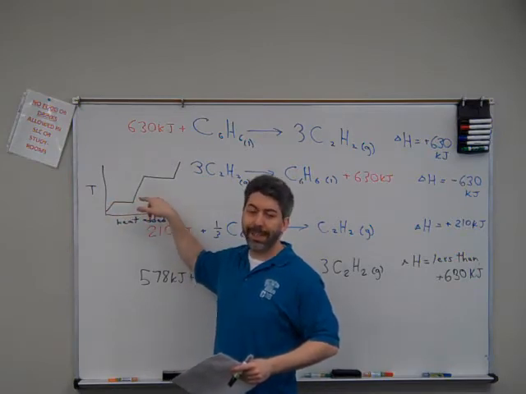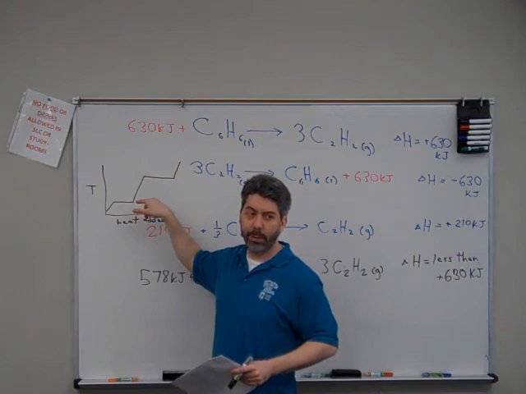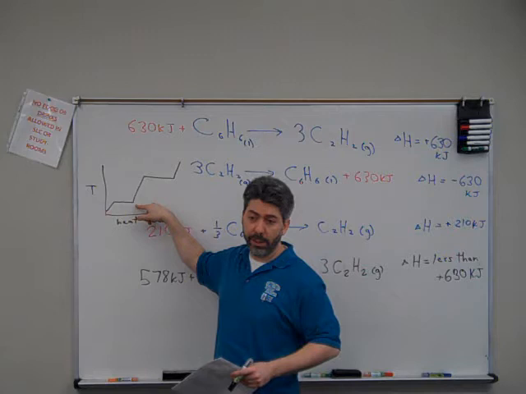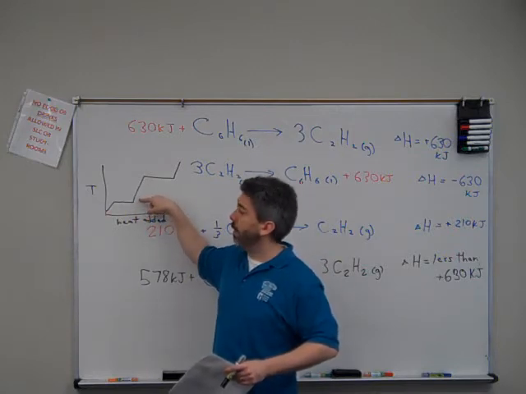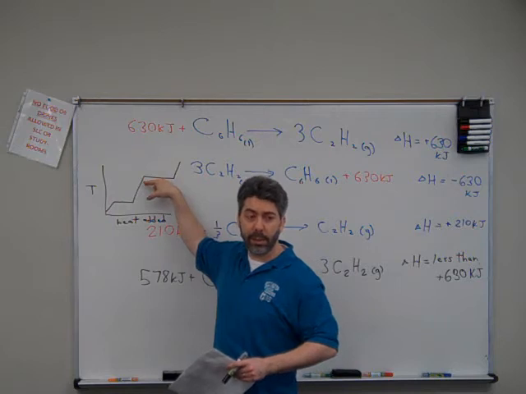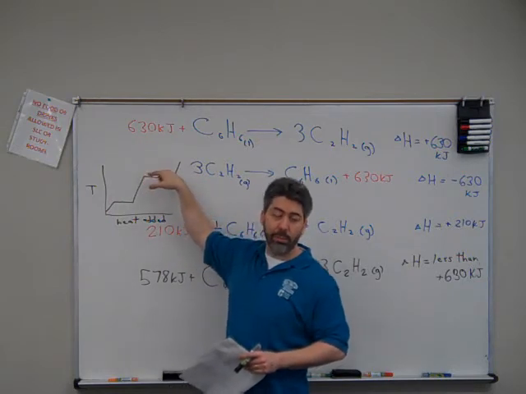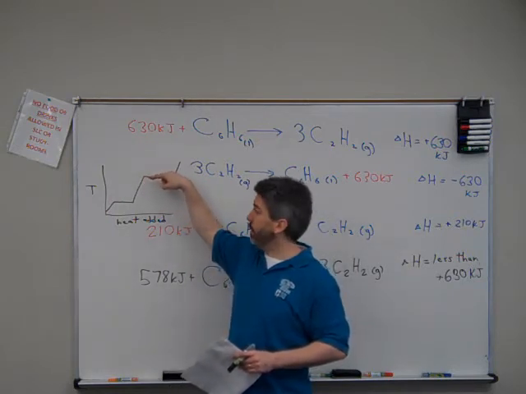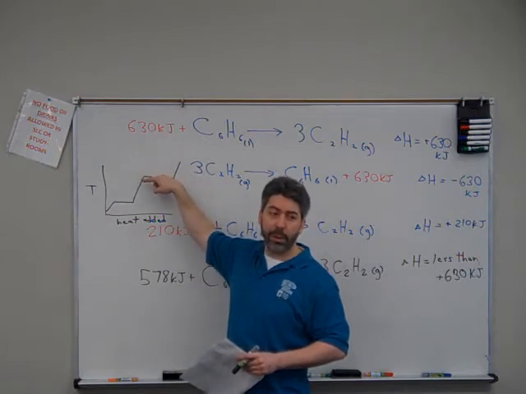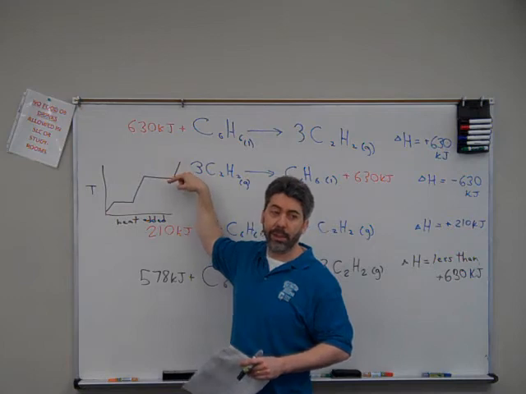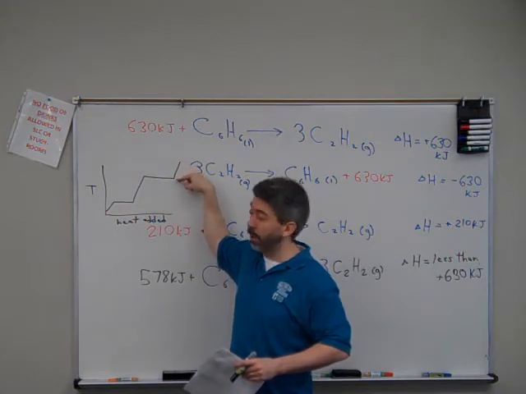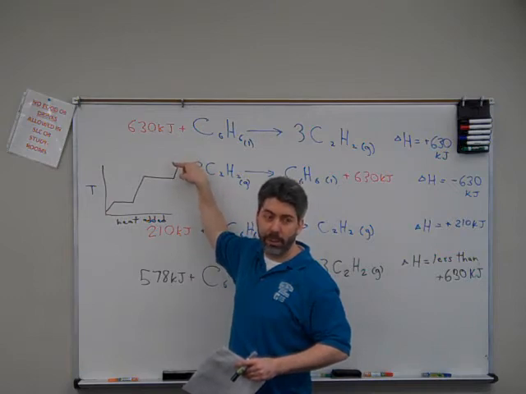While it's melting, it does not change temperature. The temperature stays constant until all of it is melted. Once it's all melted, then it starts increasing temperature again. Once it reaches the boiling point, then it will start boiling. But while it's boiling, the temperature is constant. It's 100 degrees Celsius until it all becomes a gas, at which point it can start increasing temperature again.